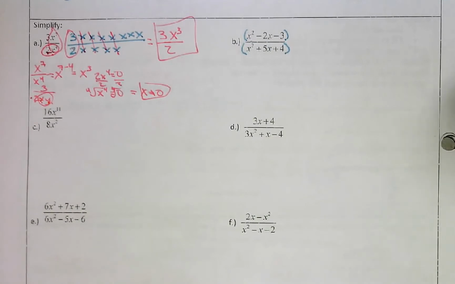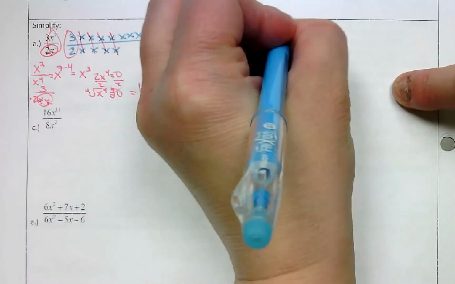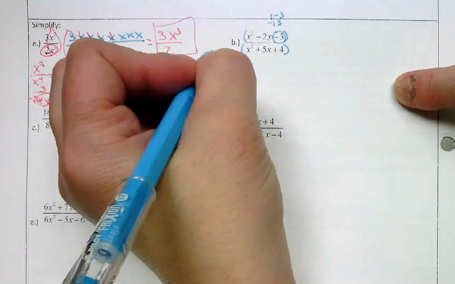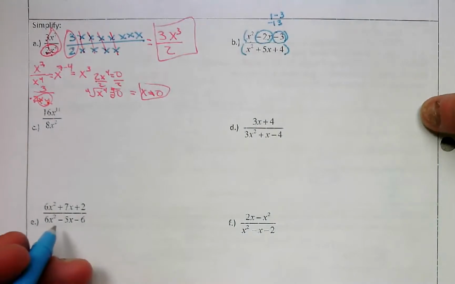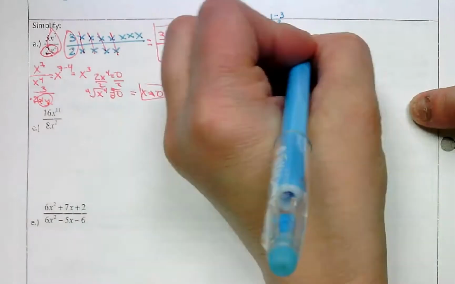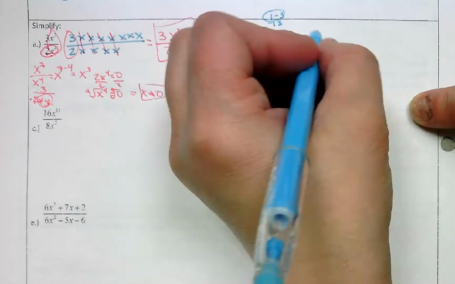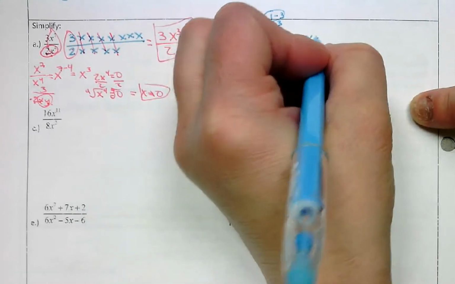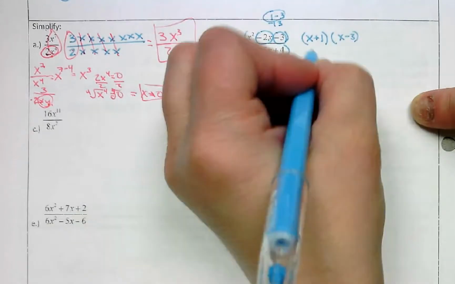So I'm going to find what multiplies to negative 3. So I get 1 and negative 3, or negative 1 and 3. And I need the pair that adds to negative 2x. Okay, so that means that's going to be one right here. So because this is a 1, I don't have to do all of my factor by grouping. I can just plug those right in. Now I'm going to do my denominator.